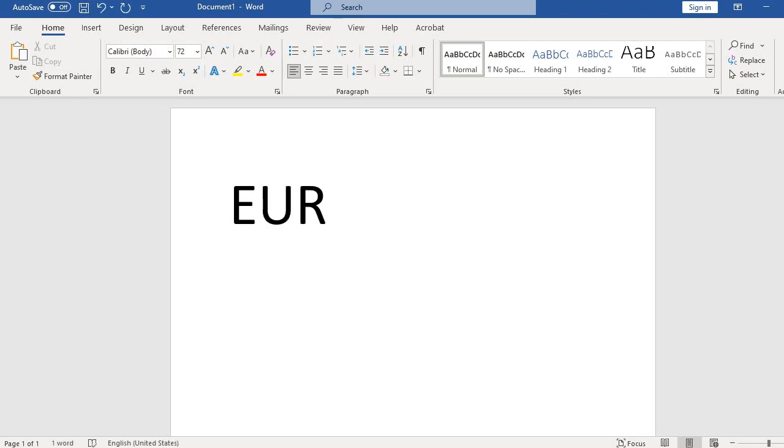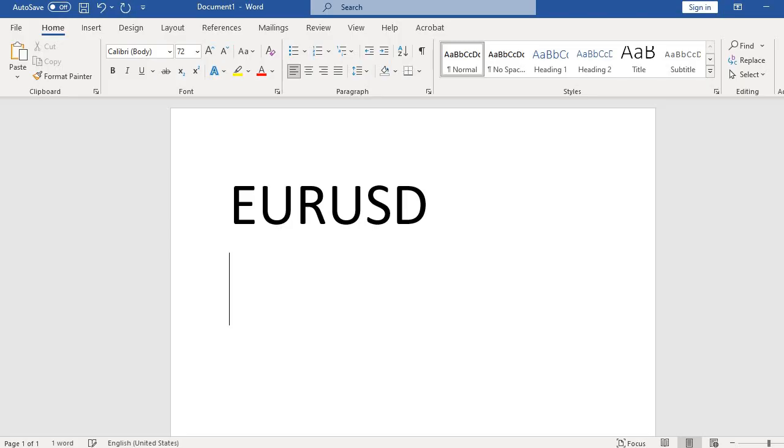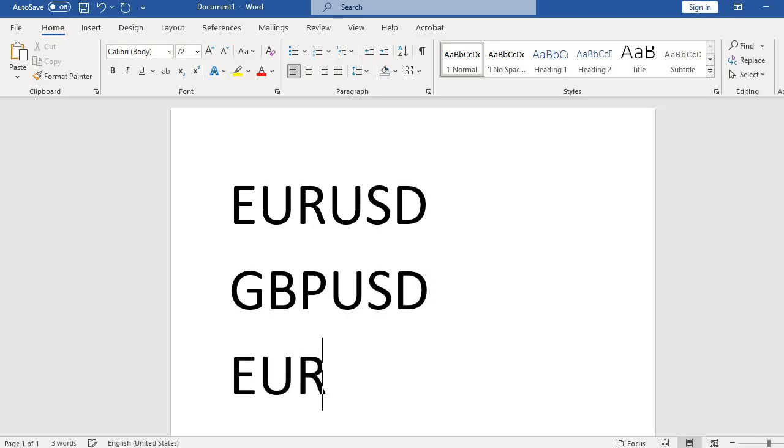A currency pair is a combination of two currencies from different countries. Let's say we have GBP USD. Let's say we have Euro JPY.